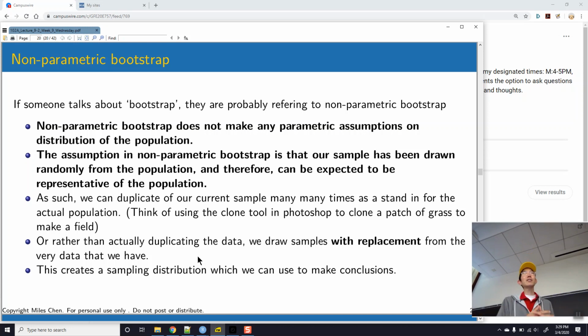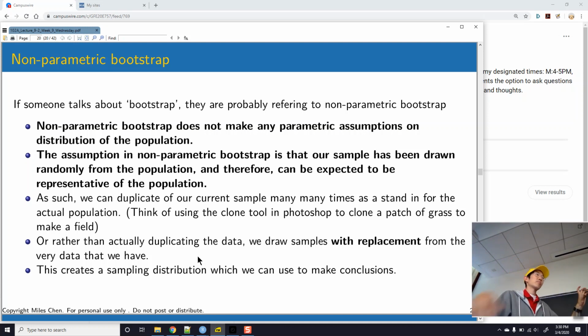It's kind of like in Photoshop, you can take a patch of grass, and you can clone it or stamp it and cover people you don't want to see. And if you do this, you can build a giant field of grass. And probably from a distance, it seems reasonable, right? This patch of grass maybe is representative of all grass, and so you can just clone it, and you'll get something that looks like a field of grass.